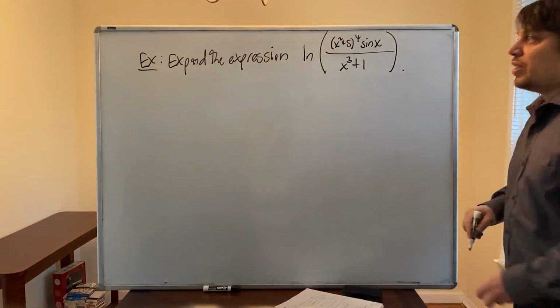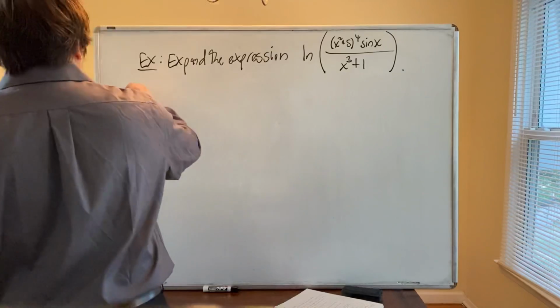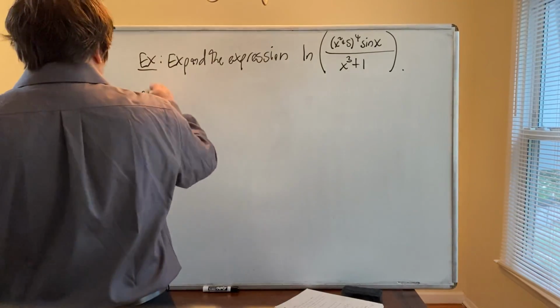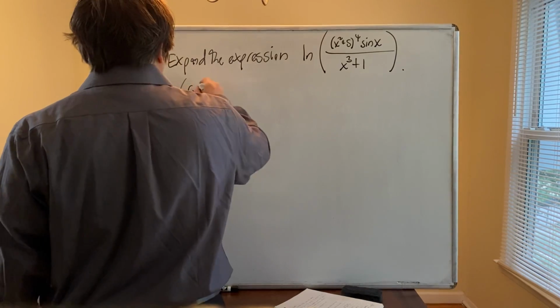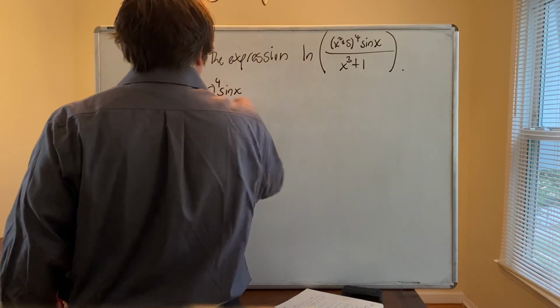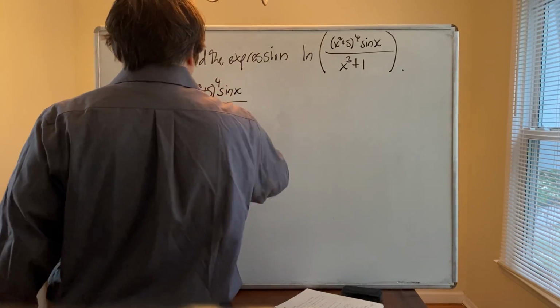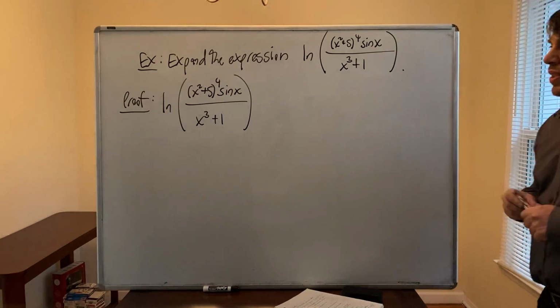Okay, so expand that expression. Proof. ln of (x squared plus 5) to the 4th times sine x, divided by x cubed plus 1. Okay, so let's expand it.